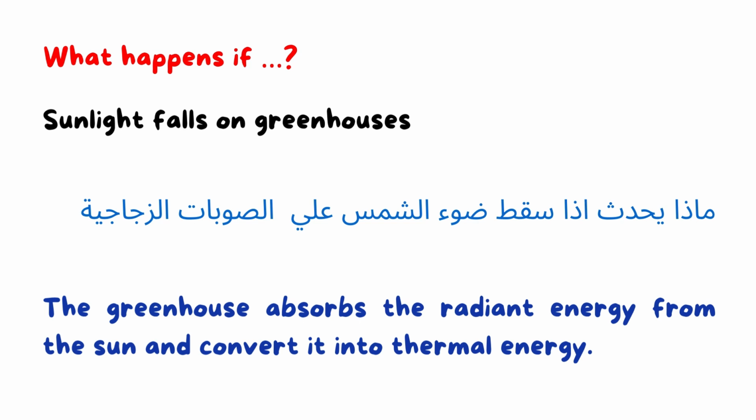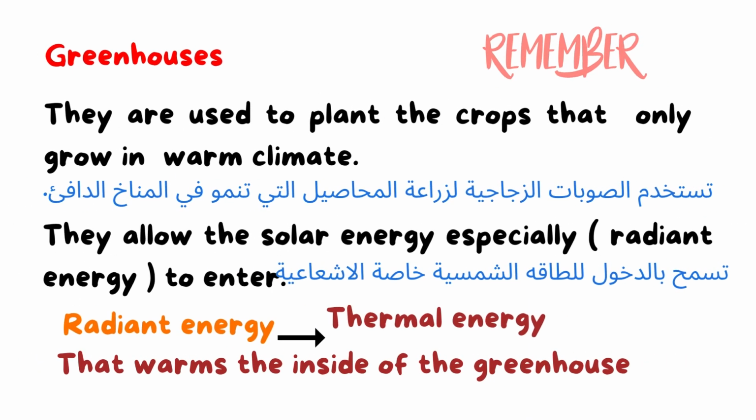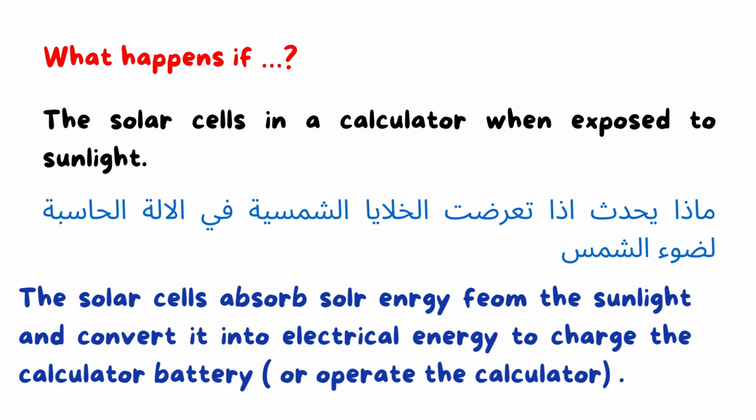Okay, so here greenhouse absorbs the radiant energy from the sun and converts it into thermal energy. Yes, and this warms the inside of this greenhouse and allows the farmers to plant crops that only grow in the warm climates.